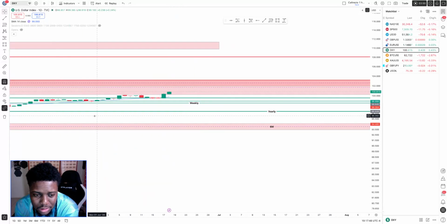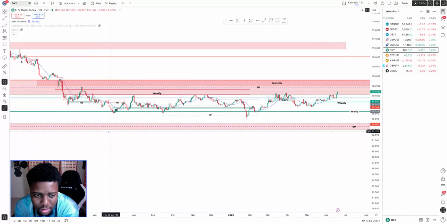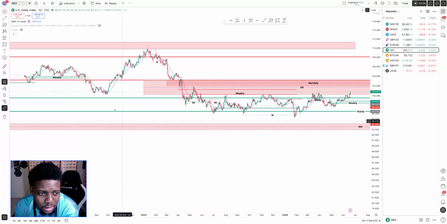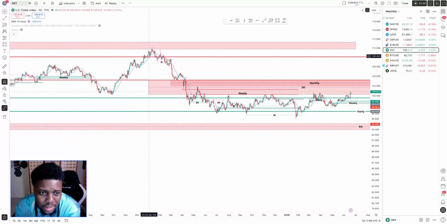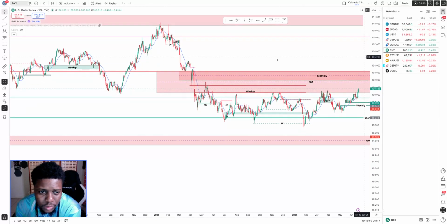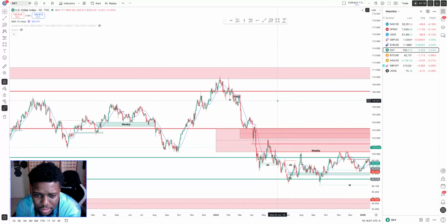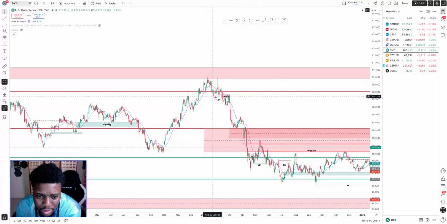Let's go to the daily chart. Up in here, after we tested the 6 month fair value gap to head down lower, which I had annotated, we then had a break of structure right here.